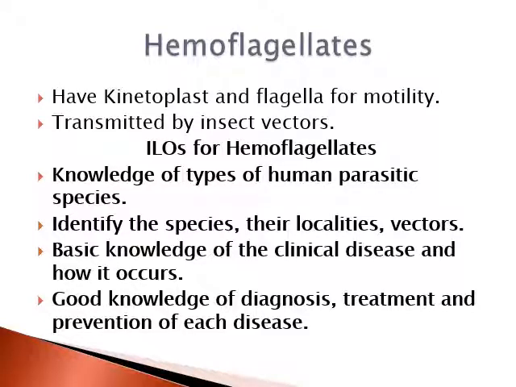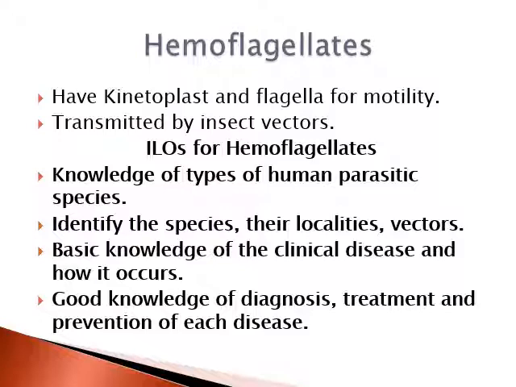Now we come back to the other types of hemoflagellates, of which we studied Leishmania as one in the previous lecture. These, as we said before, have a kinetoplast and flagelliform motility, and they are transmitted by insect vectors.